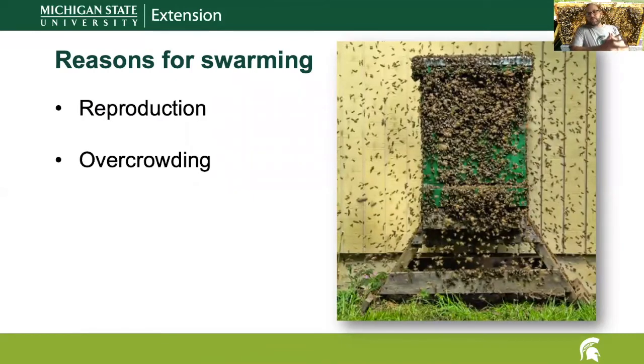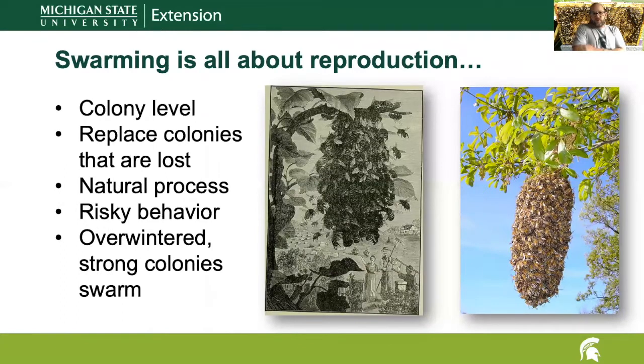All right, so there are two reasons bees swarm. It's either because the colony is going through the natural process of reproduction, which is at the colony level, or the hive is overcrowded. And we're going to start by looking first at swarming from a reproductive angle. Swarming is really all about reproduction.